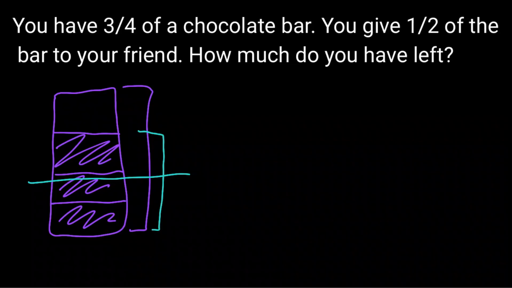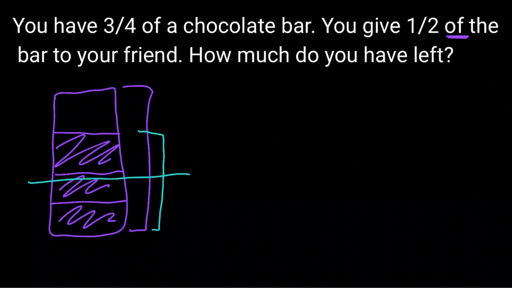Now we know it's either multiplying or dividing. In this case, we will be multiplying as we are giving half of the bar away. "Of" indicates that it means multiply. The difference between the first problem and this one is that the first had a full pizza at the beginning, while this one has only 3/4 of the full chocolate bar left.